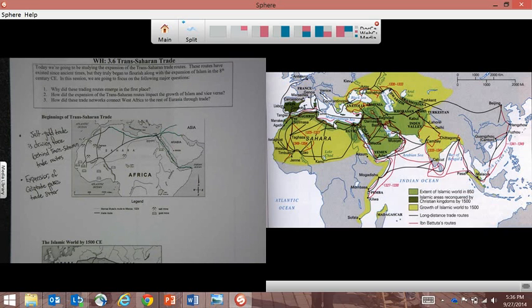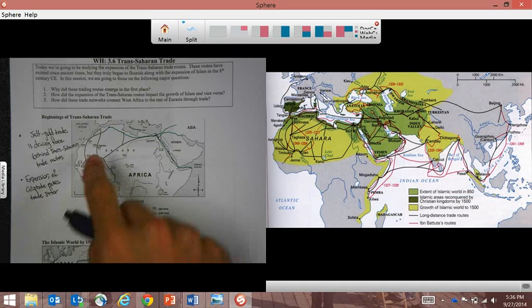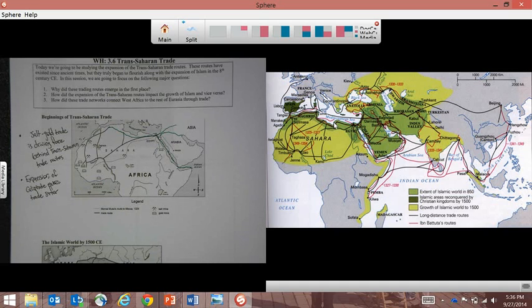Lastly, one of the main driving forces behind the expansion of these trade routes was actually the Islamic religion. Because as Islam expanded, we see greater trade connections happening. And this is for a couple reasons. First of all, what you're seeing on this map over here to the right, the lighter green stuff, these are the areas that are not being controlled by the caliphate.